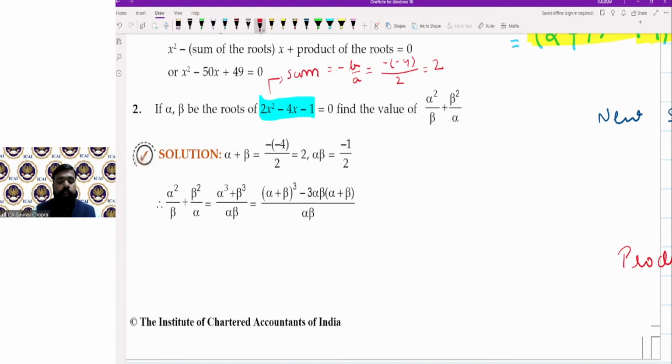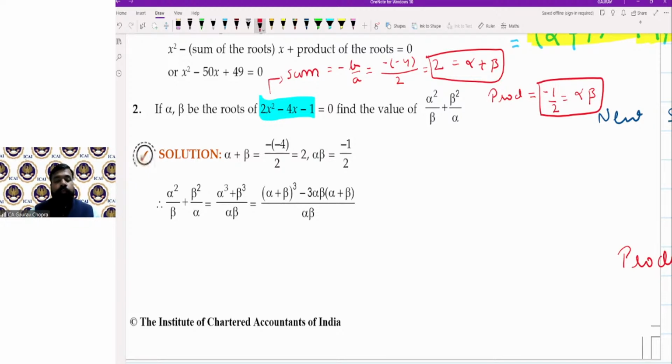So what is left? 2. So 2 is the sum. That is, we can say alpha plus beta. Alpha plus beta is 2. Also, we have to find the product. So product is C upon A. C is -1, A is 2. So alpha into beta is -half.